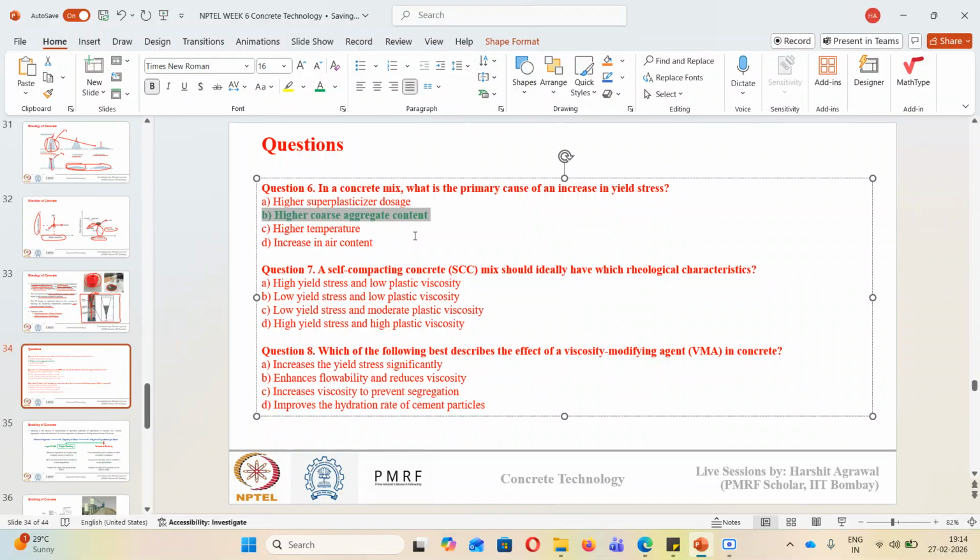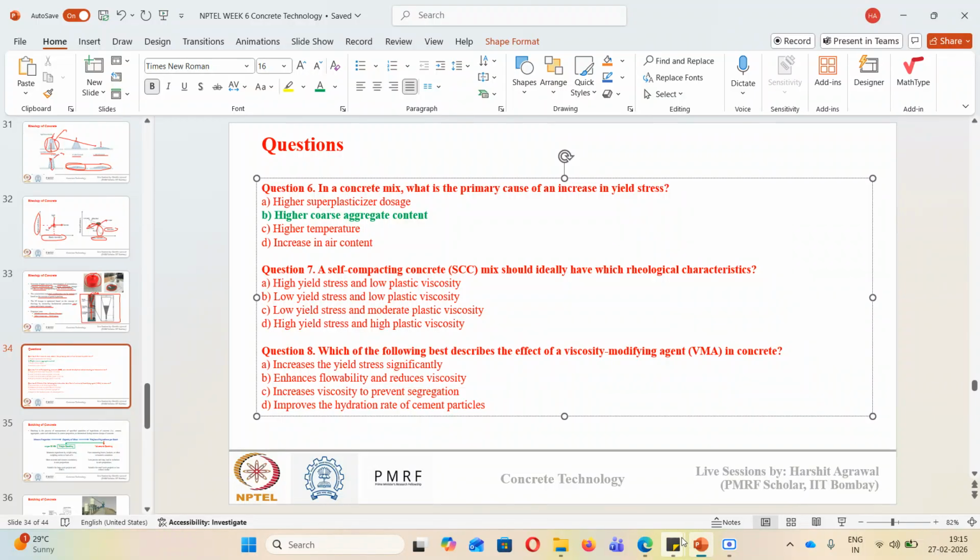So what happens? Higher coarse aggregate content increases the friction and the interparticle resistance in concrete, and this makes concrete harder to mix and to start flowing. So that's why a higher coarse aggregate content can increase the yield stress.